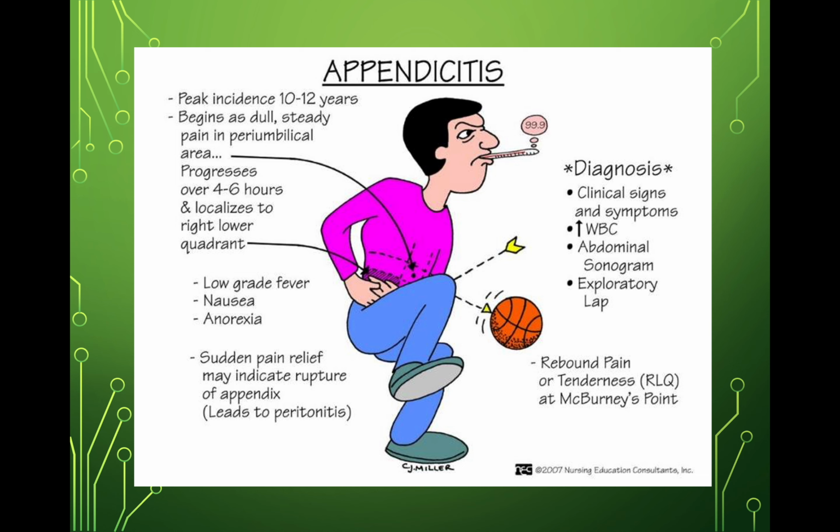So what's happening with appendicitis is, if you think about the colon, there's this little finger-like projection off the side of the cecum. That's part of the colon. It doesn't really serve a lot of function anymore.